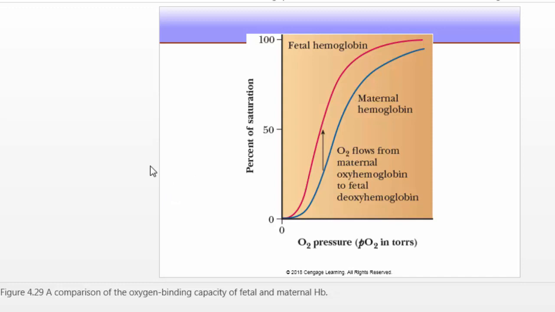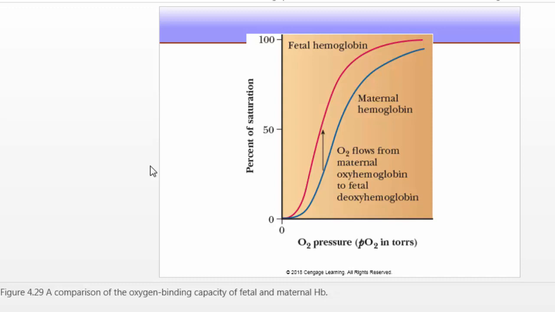Now, two features of fetal hemoglobin contribute to this higher oxygen binding capacity. One is the presence of two different polypeptide chains. The subunit structure of hemoglobin F is alpha 2 gamma 2, where the beta chains of adult hemoglobin, the usual, have been replaced by the gamma chains, which are similar but not identical.